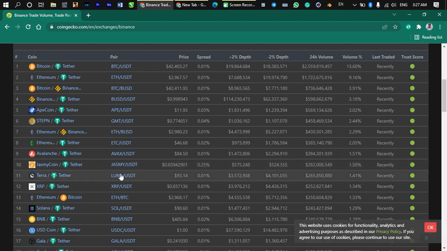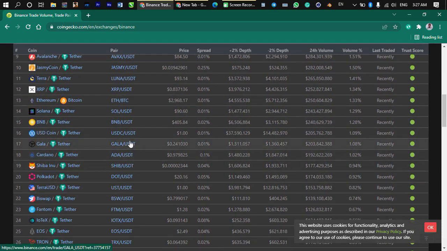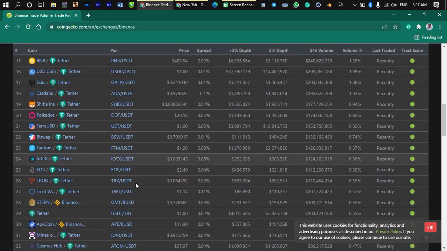Number two, Terra Luna is common, Ripple is common, Ethereum is common, Solana is common, BNB, USD. You can eventually add Gala to your watch list. This coin is BSwap. If you take a look at Binance currently, IOTX should be moving.